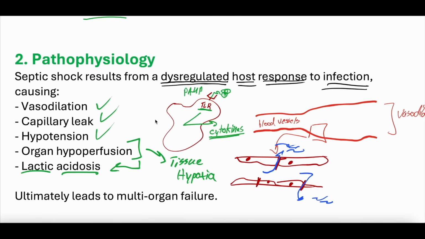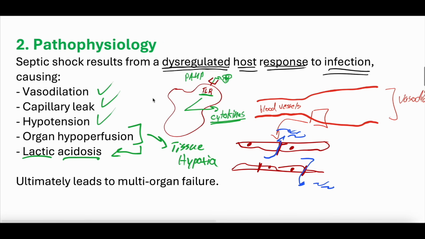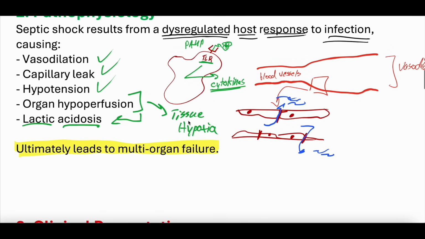And this is a spiral, because as you get more damage to the blood vessels, you get more release of inflammatory mediators, you get more of that vasodilation, capillary leak, and this is an incredibly complex process. There's microthrombi and relative adrenal insufficiency and all sorts of stuff, which we're going to dive into in the more advanced videos on septic shock pathophysiology. But yeah, this general pathophysiology is this spiral that ultimately, at the end of the day, leads to multi-organ failure, multi-organ injury.